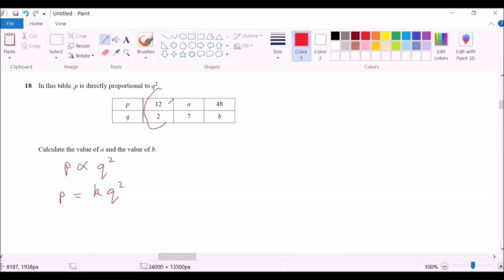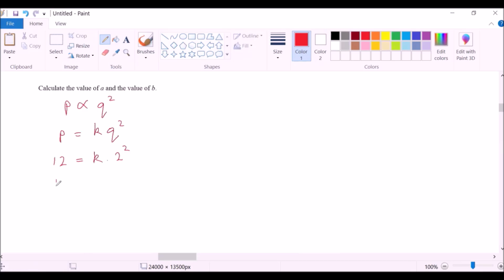Now we have these values that are given. We can find K by substituting P and Q. 12 is equal to K times 2 squared. 2 squared is 4, so it's 4K. Therefore, K is equal to 12 over 4, which is 3.